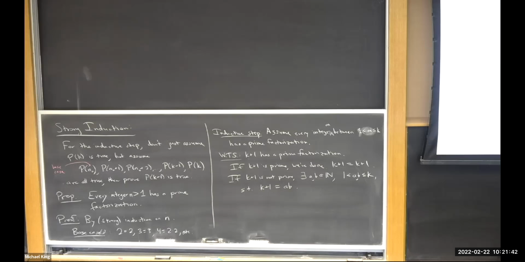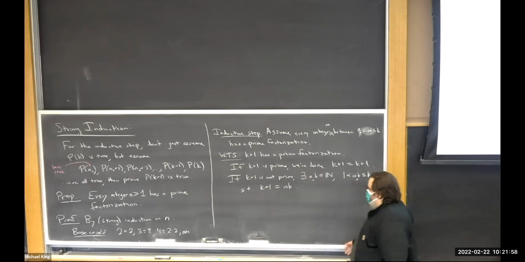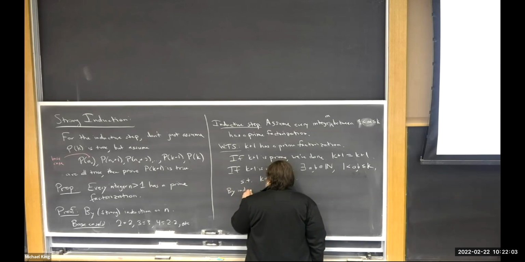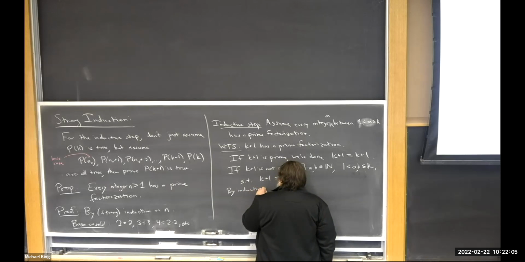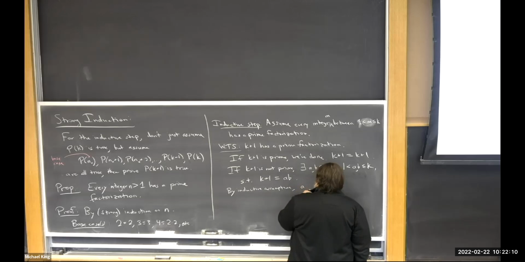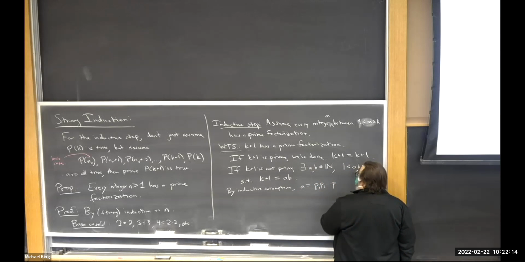Okay, do you see now where the proof's going? What can I say about a and b? They both have prime factorizations, right? By the inductive assumption, a and b both have prime factorizations. Assumption: a equals p1, p2 through pl.